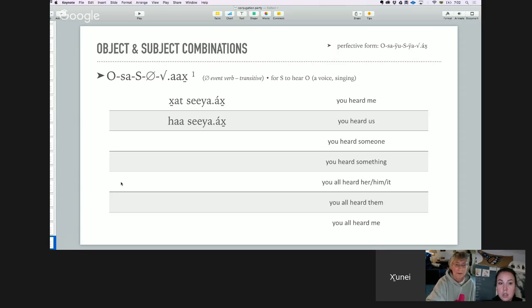Hasiya'ach. Once we get the pattern, we should be able to see there's a lot going on here, but really once the first prediction is made on the subject, then the object is just cycling through. Hawuch, you heard someone. Kusiya'ach, okay.